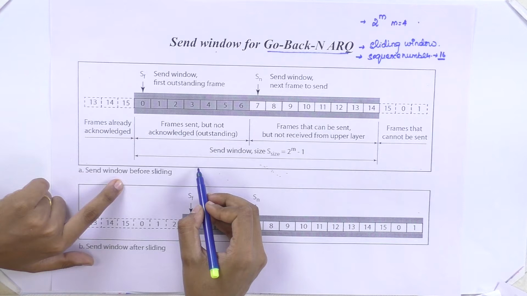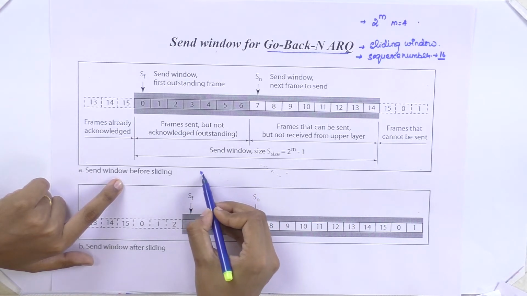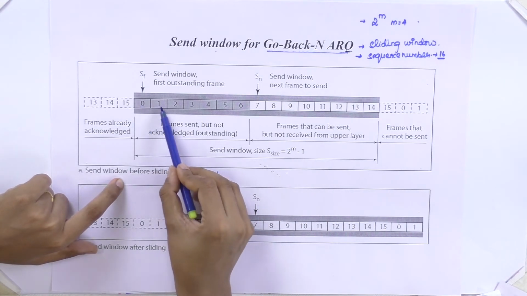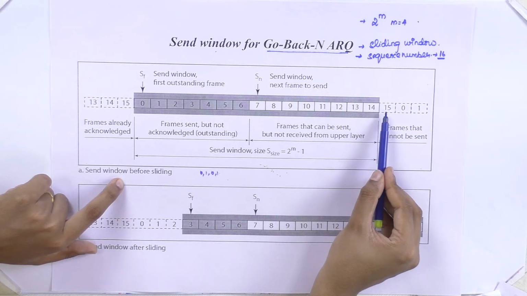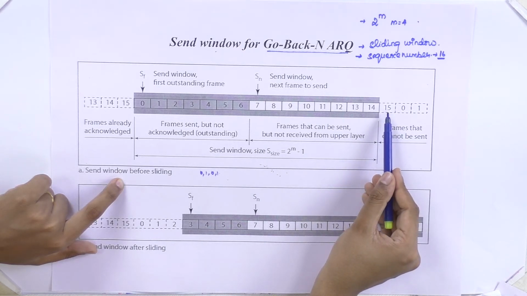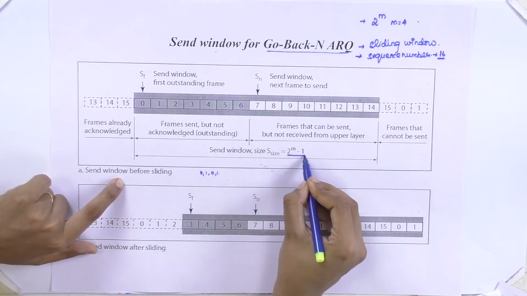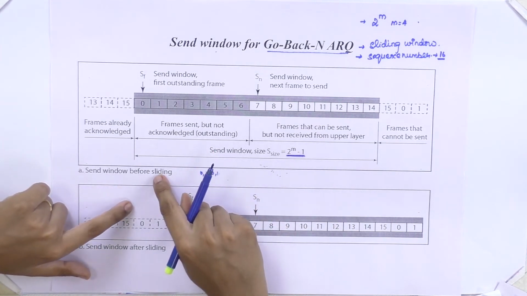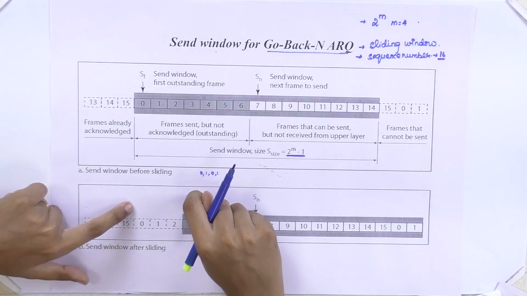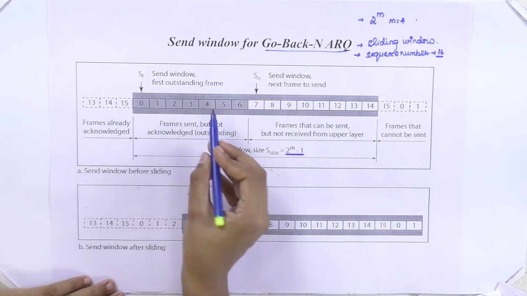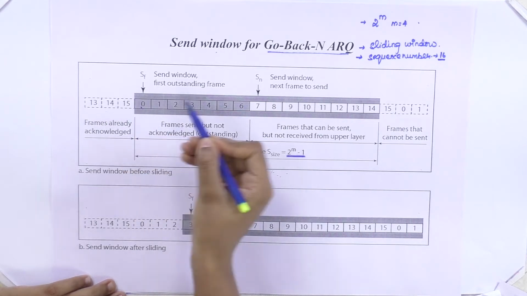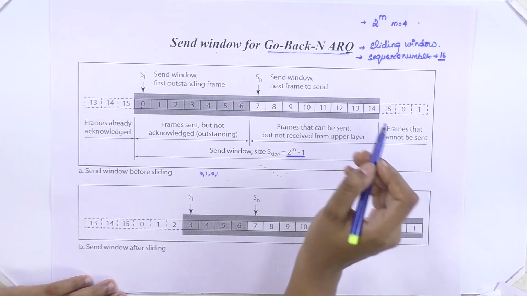In the previous protocol, we saw the sequence numbers as 0, 1, 0, 1. Here you could see the sequence numbers from 0 to 14 or 15. So here the window size will be 2 power m minus 1. A simple concept: a window is used in this protocol. If you see in this diagram, I have sequence numbers from 0 to 15.